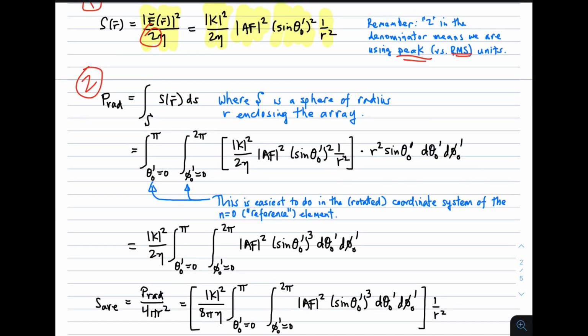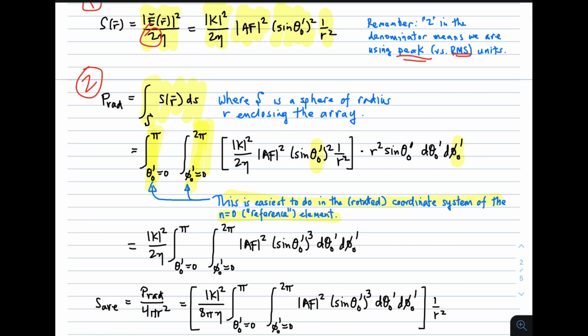Step 2, the radiated power. For that, we simply integrate the power density over the sphere. That's an integration from 0 to pi and 0 to 2 pi. And I'll note here that this is easiest to do in the rotated coordinate system of the reference element. It really doesn't matter what coordinate system you do it in, but we've already got theta naught and phi naught in the primed coordinate system, so we might as well just integrate over the primed coordinate system.